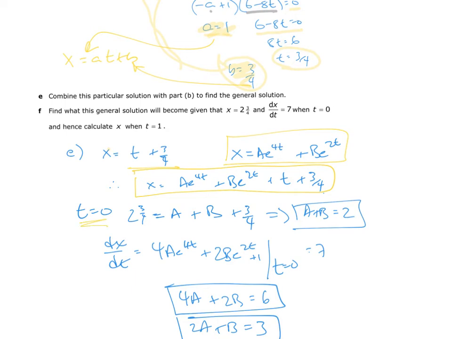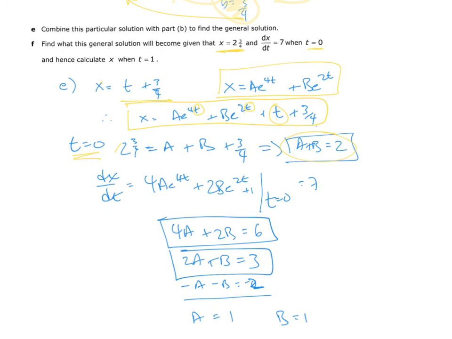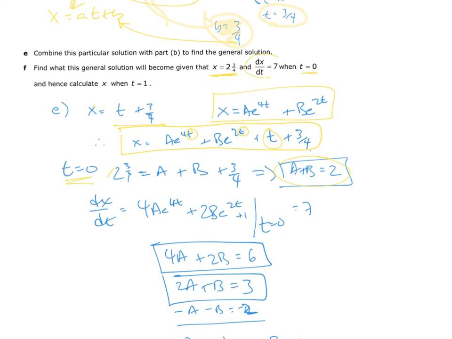When t equals 0, I'm told that x is 2 3/4, so I plug 0 in for all these, and I get this equation, which means a plus b is 2. I know that the derivative is 7.